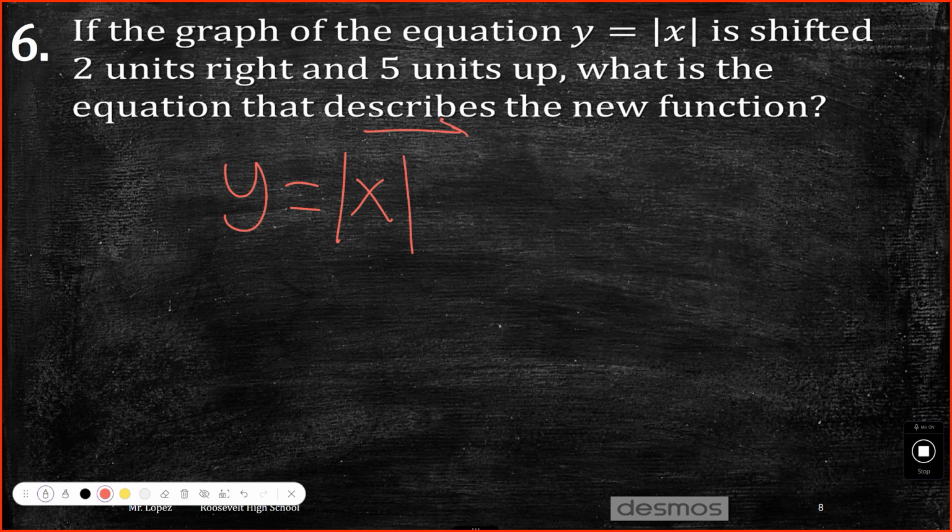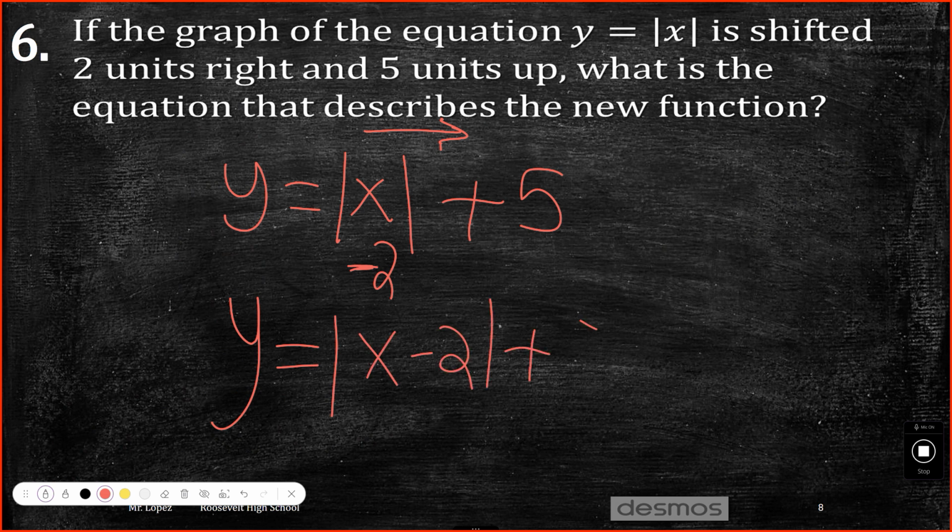So if it goes to the right 2, you're going to put a -2 on the inside, because that's the opposite of what you think it will do. And then 5 units up, that would be directly on the outside, plus 5. So the new function will be y equals absolute value of x minus 2, plus 5.